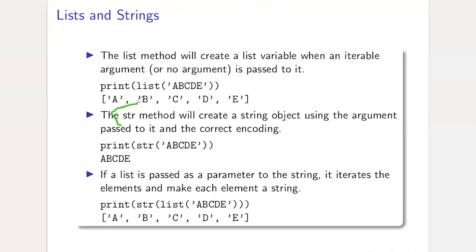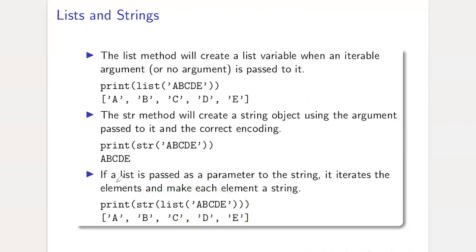Whereas if you use the string method, it will not separate out the elements like that. If you give an iterable collection to that, it will create the same thing in this case. Okay. So what would happen if you pass a list to a string? What I do here is I take an iterable collection, the string, and pass it onto the list method, which will now return a list to me, and then I pass that list to the string method.